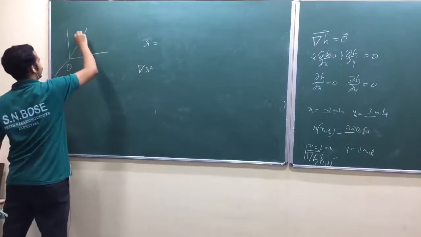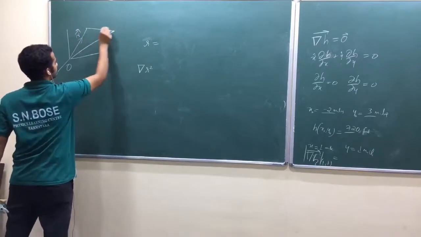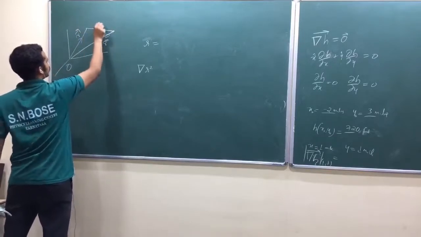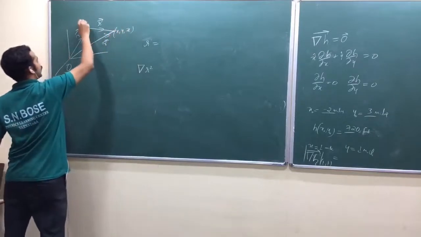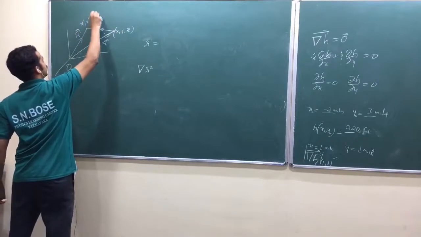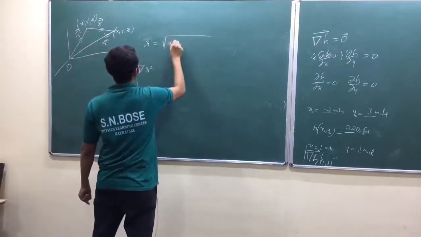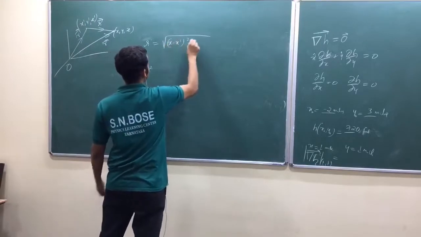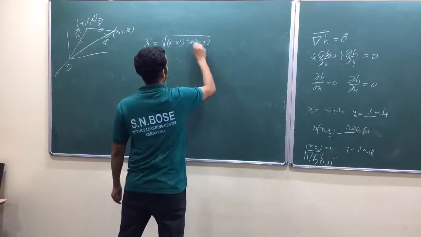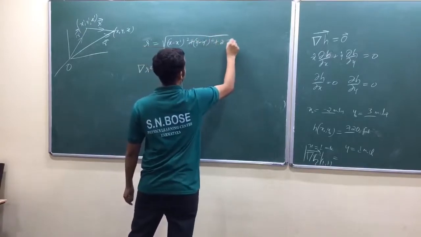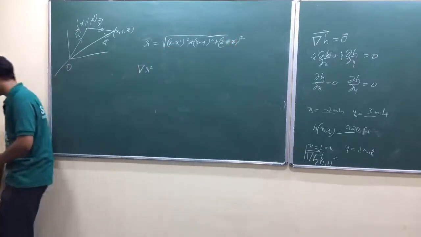From the source point r prime to the field point r vector, that's your italic r. Am I right? x, y, z and x prime, y prime, z prime. So now italic r is equal to root of (x minus x prime) whole squared plus (y minus y prime) whole squared plus (z minus z prime) whole squared. Now look at here.